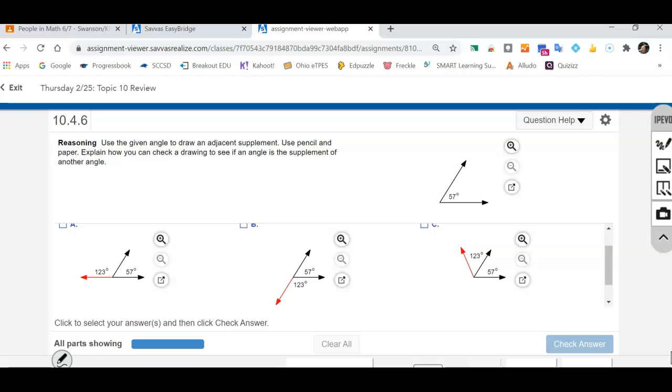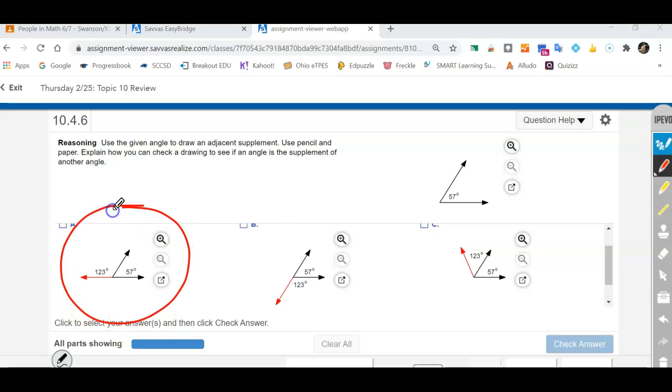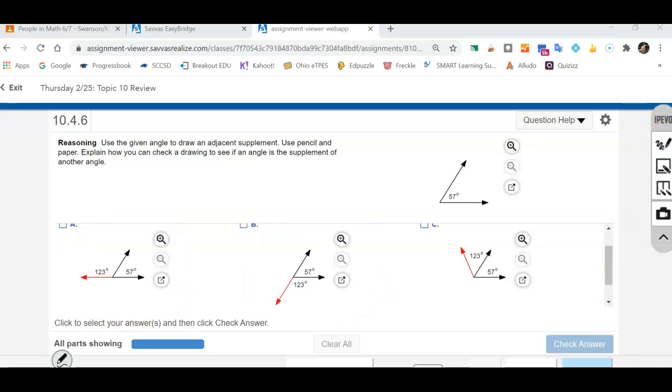Right, they're sitting side by side. They're next to each other. They're sharing a vertex and a side. So if they're adjacent supplementary, it would be these two, because supplementary would be 180 degrees. You would look for what makes a straight line on those. You remember that, right?